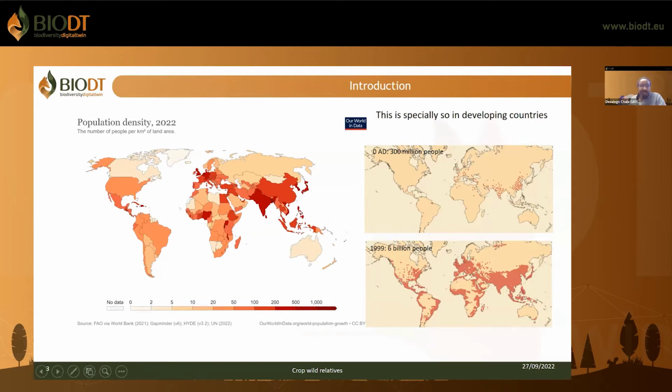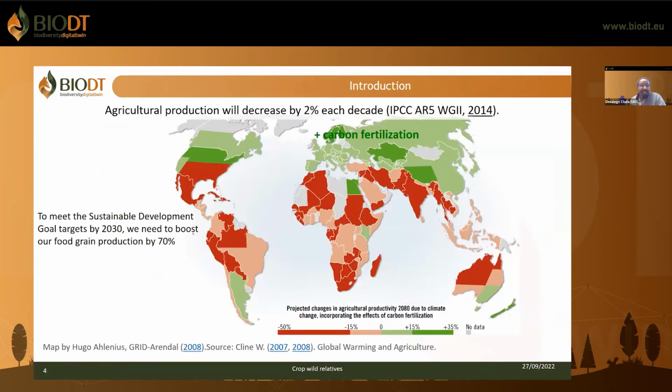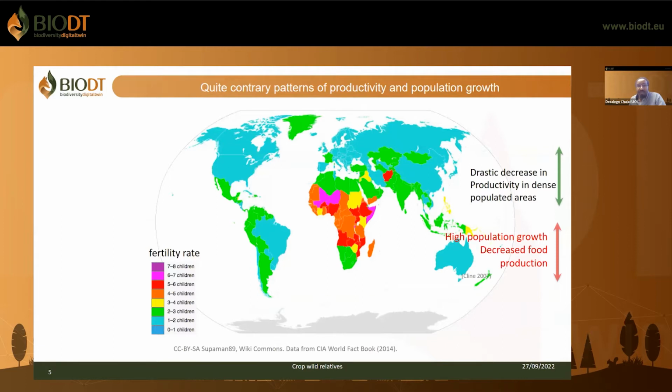So the population growth is mainly happening in developing countries, but agricultural production is decreasing by 2% per decade. To meet the Sustainable Development Goal target by 2030, which is zero hunger, we need to boost our food production by 70%. And the drastic decrease in productivity is mainly occurring in highly densely populated areas.